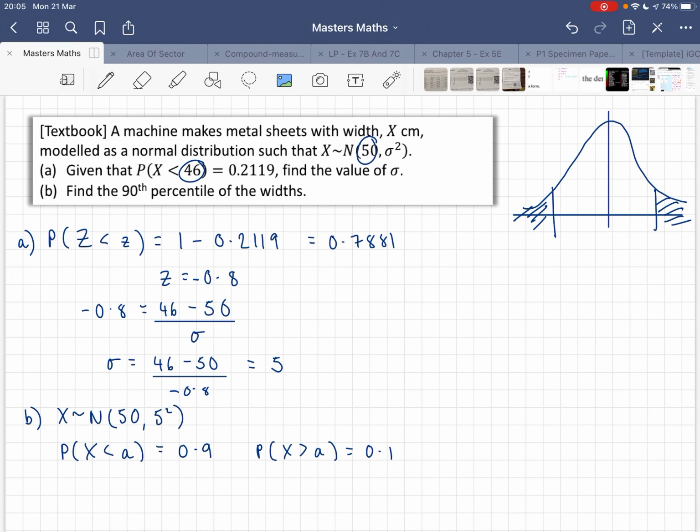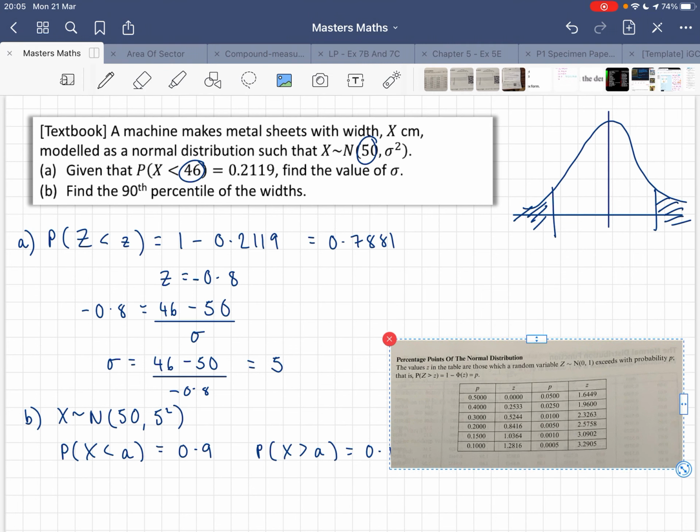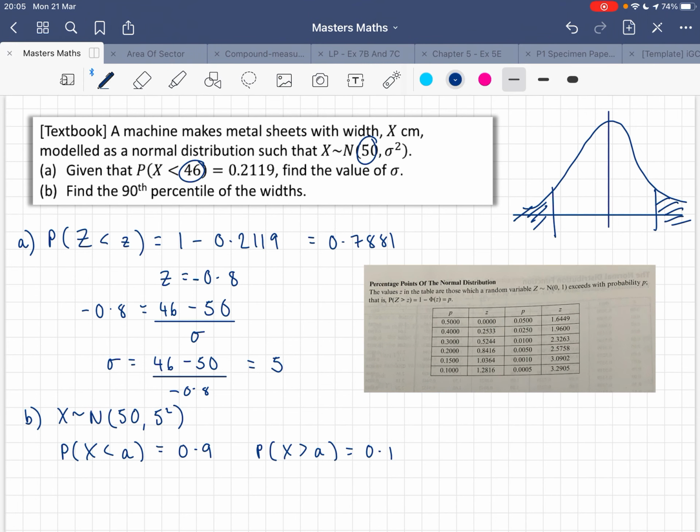So the probability that X is greater than A is 0.1. Look for that in the table. So 0.1 is here. So we end up with A is, maybe I should be a bit more clear with my letter in here.